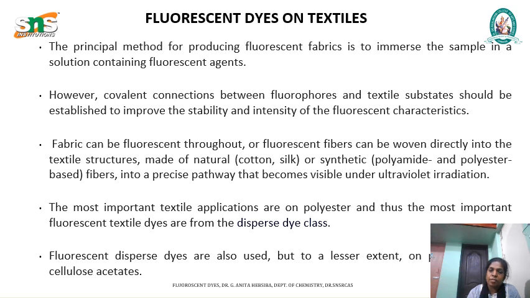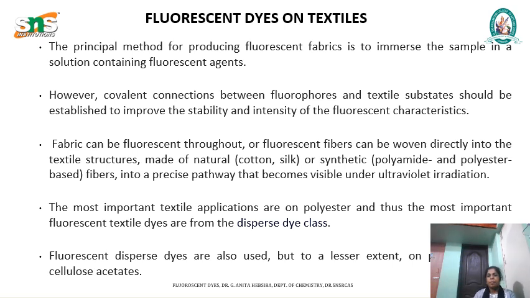Fabric can be fluorescent throughout, or fluorescent fibers can be woven directly into textile structures made of natural cotton, silk, or synthetic polyamide and polyester based fibers, into a precise pathway that becomes visible under UV radiation. So fabric can be made as fluorescent fabric or fluorescent fiber, and then it can be used for such applications.